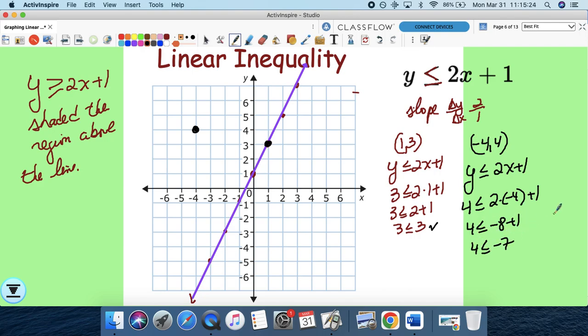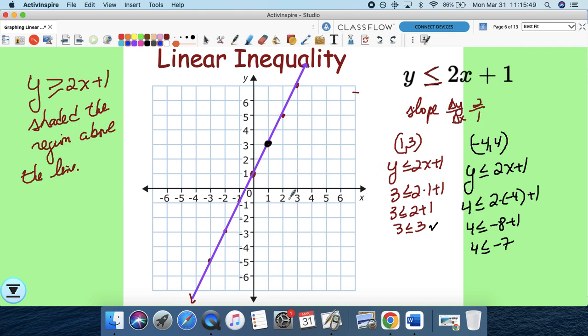Is 4 less than -7? It is not. So that point right there failed to make this inequality true. That's telling you that any point above the line will also fail to make that inequality true. So we know that it's going to be the other side, below the line.